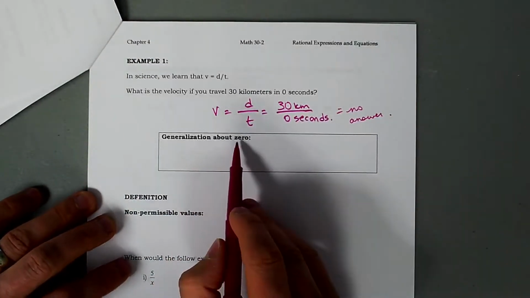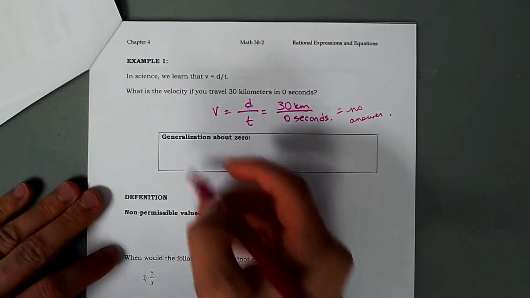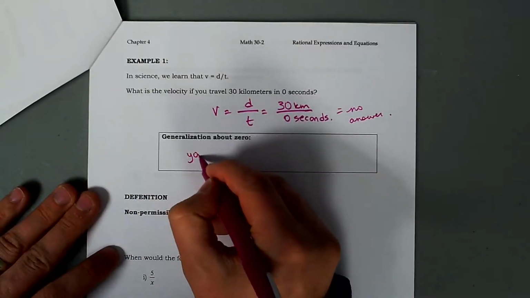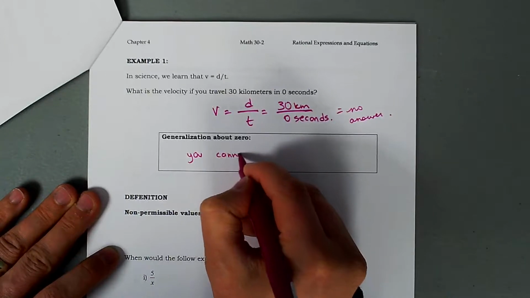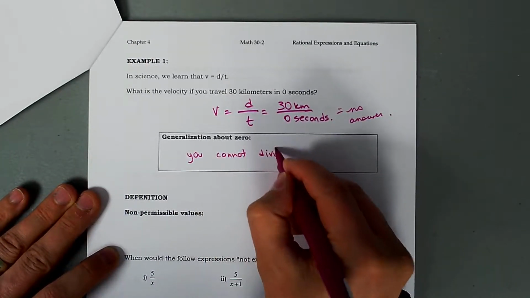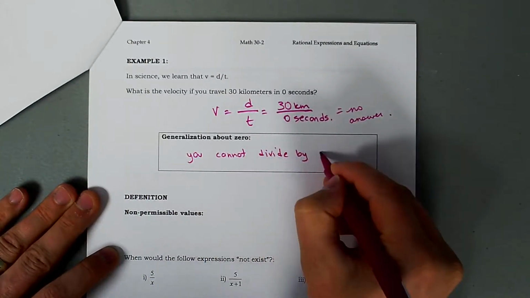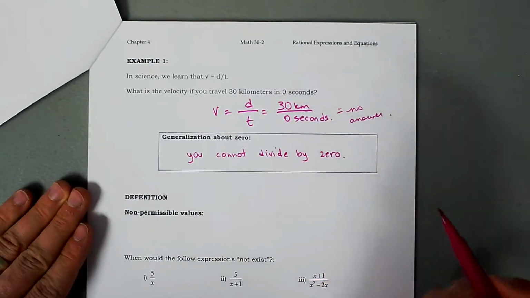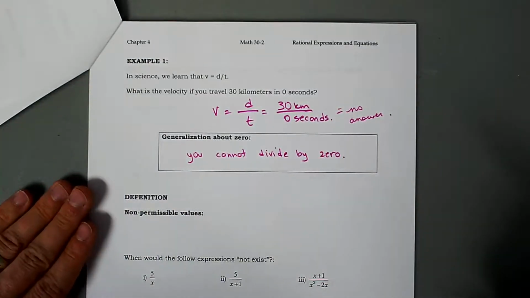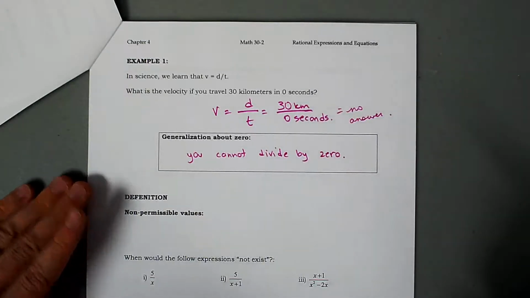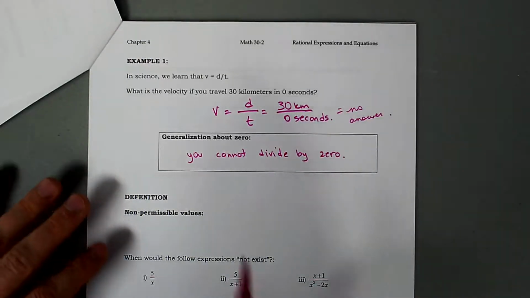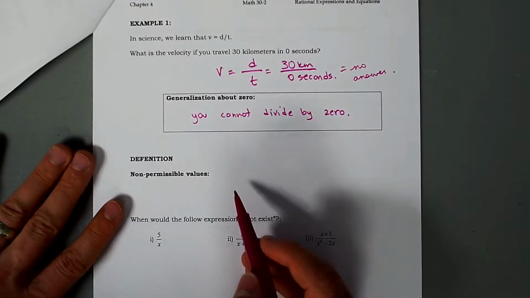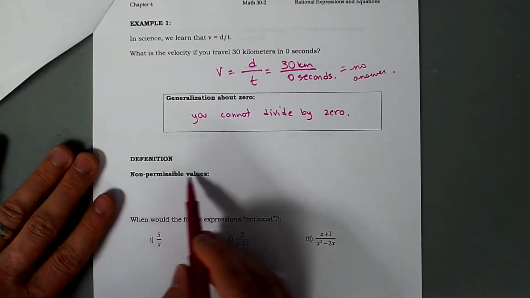So there is a generalization we can make about zeros, and that is that you cannot divide by 0. Now, even though we looked at this in a very specific context, this is a statement we can make about rational expressions: you can never divide by 0. So we start to define something called a non-permissible value.